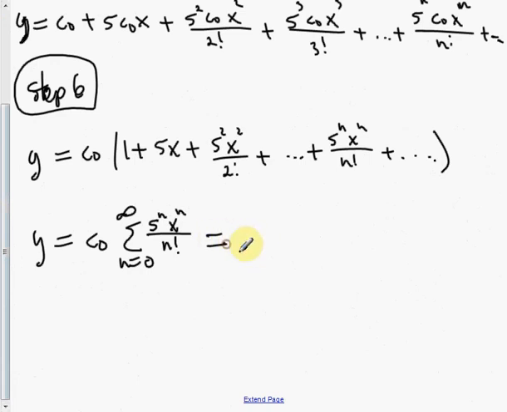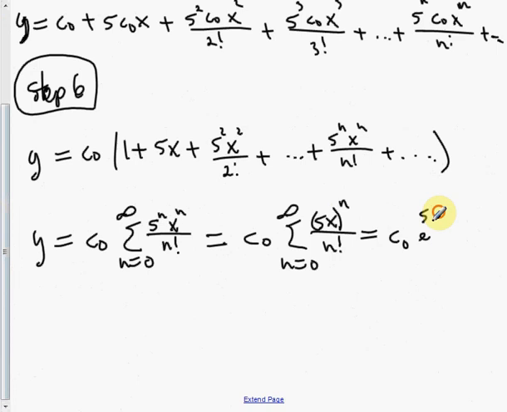Watch this. This is the same thing as c naught times the summation as n goes from 0 to infinity of 5x to the nth power all over n factorial. Go back and look at part A, but isn't that the same thing? We called it C1, but it doesn't matter. This is the same thing as c naught times e to the 5x.